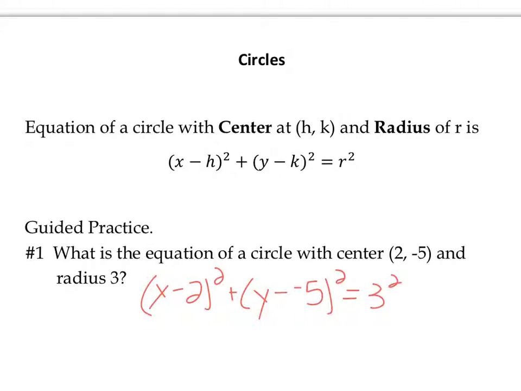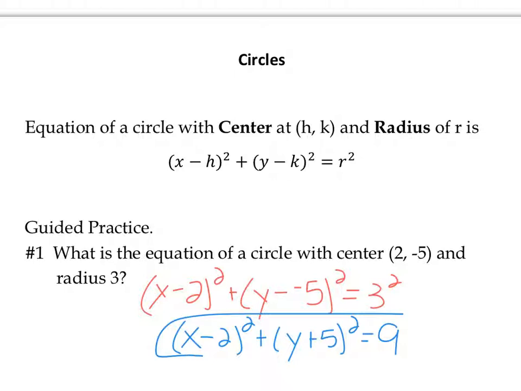Then when we simplify, we're going to have x minus 2 squared plus y plus 5 squared equals 9. That would be the equation of that circle, with the center at 2, negative 5 and a radius of 3.